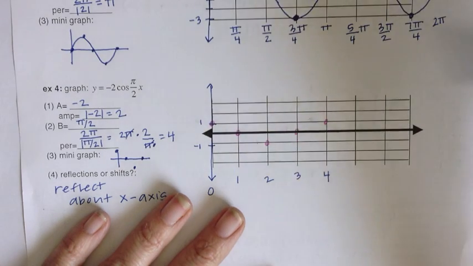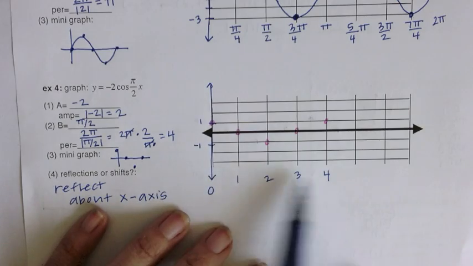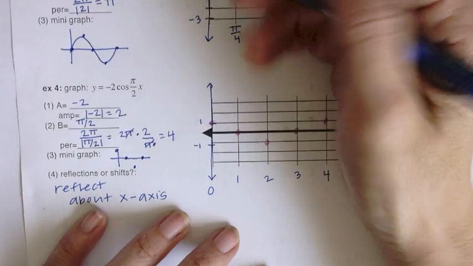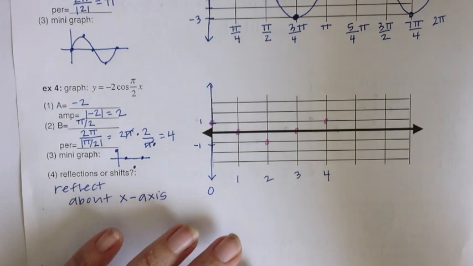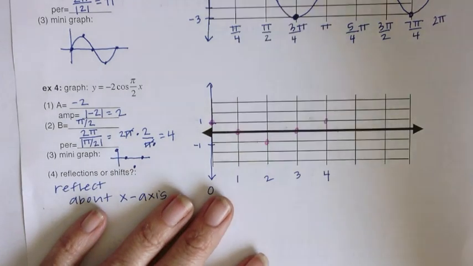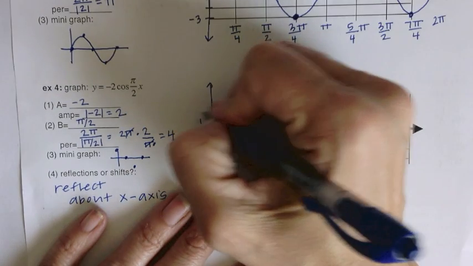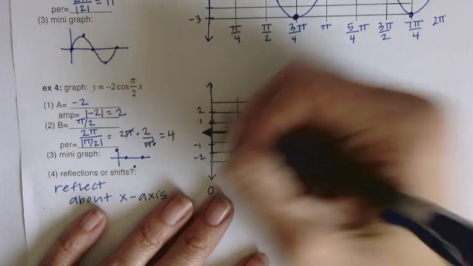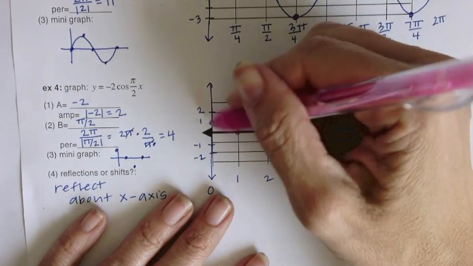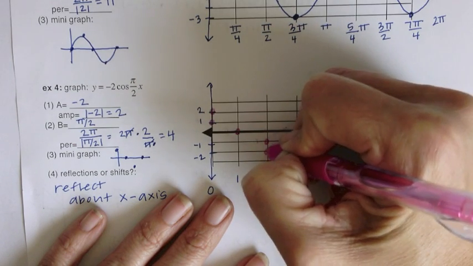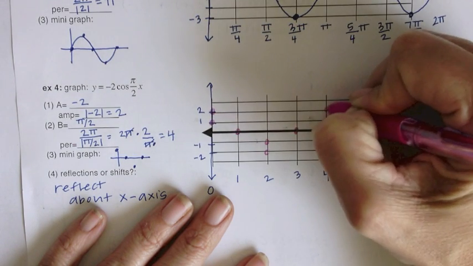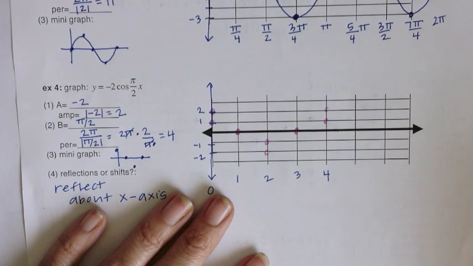The pi over 2 we already took care of, but we do need to take care of the reflection. We actually did that one a little wrong, right? Because it should be 2 and negative 2. So that would be without the negative 2. You can do this in one step. I just didn't catch that negative 2. So there's our points.